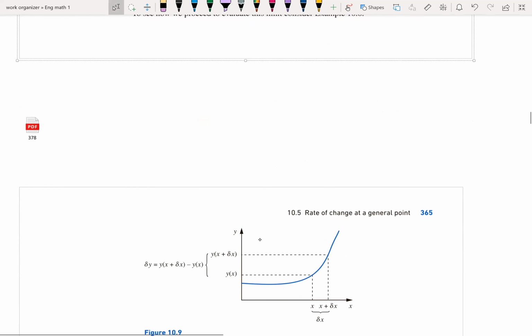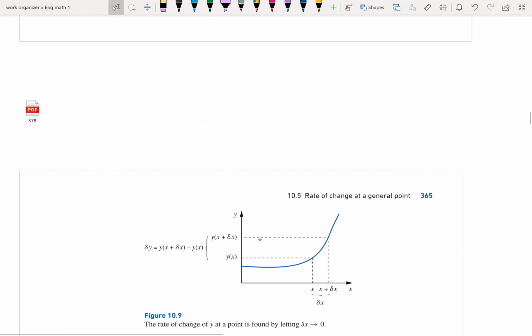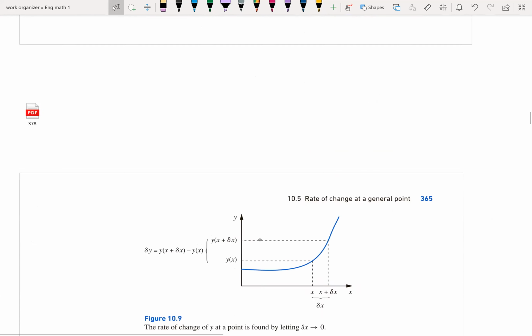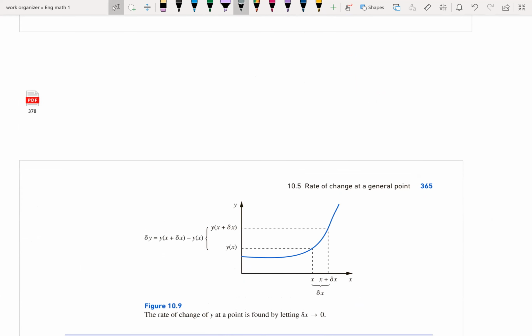Now we see the next example. Delta y is this one, delta x is this one. Delta x is x plus delta x minus x, so cancel, what is left is only delta x.